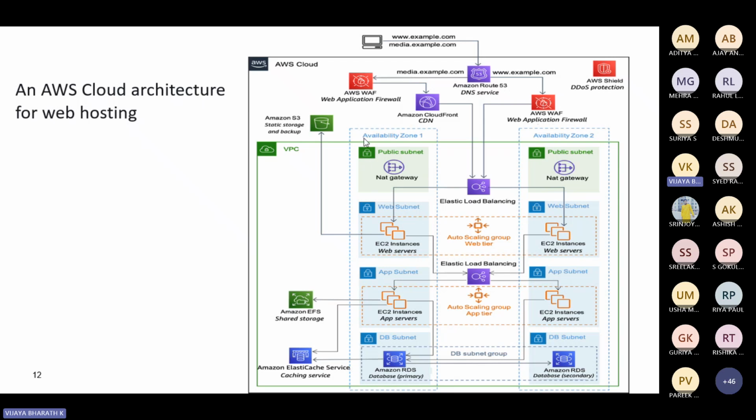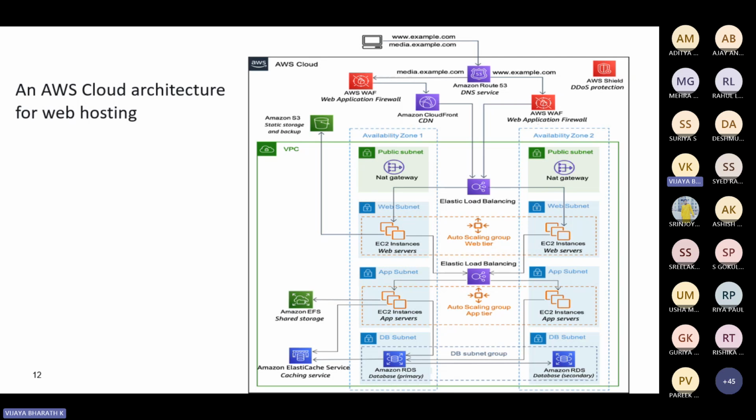If you see in availability zone 1, you have a database, you are using an RDS database, and you have an app server. Let's say app server means you have installed IIS on an EC2 instance, or you are using Apache.